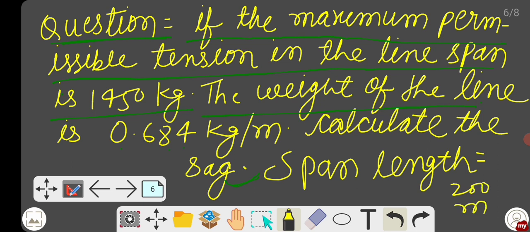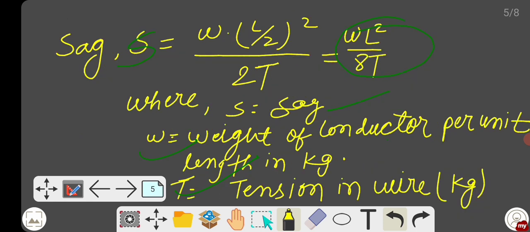If we look at the formula for the calculation of sag, we will come to know that we require weight of conductor, length of a span, and tension in wire. Here L is the length of a span.